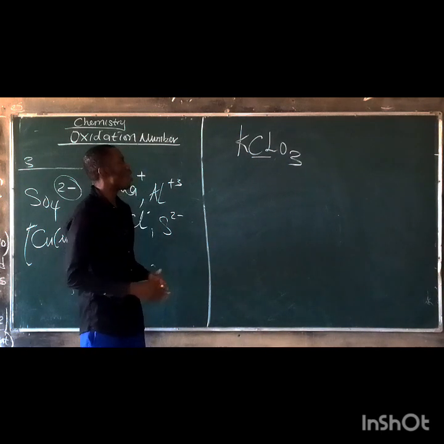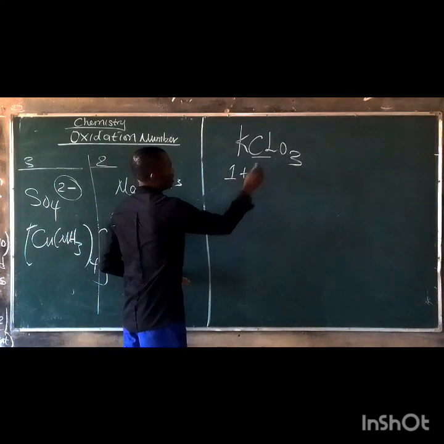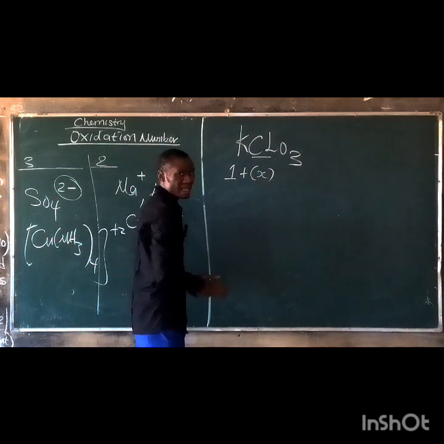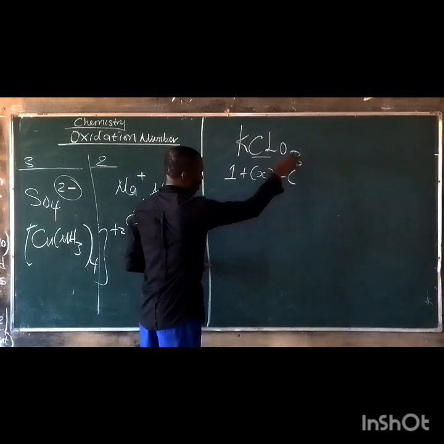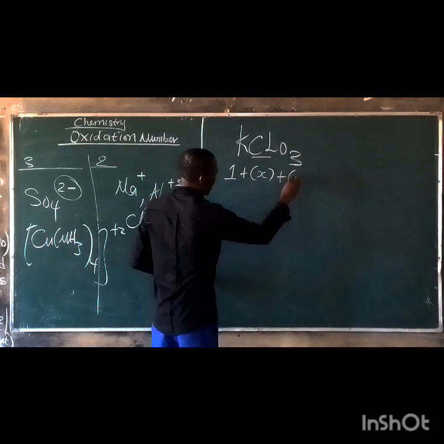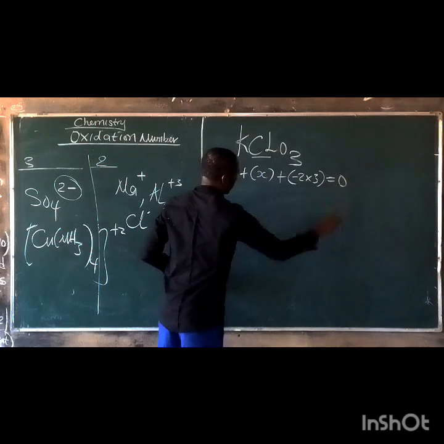The oxidation number of potassium is +1. So you have +1 plus chlorine, which is what you're looking for. We don't know that, so we make that X, and then we have oxygen. There are 3 oxygen atoms, so we multiply -2 times 3. Everything is equal to 0.